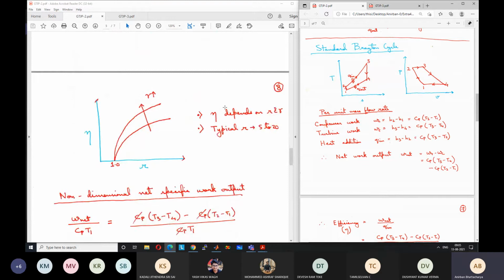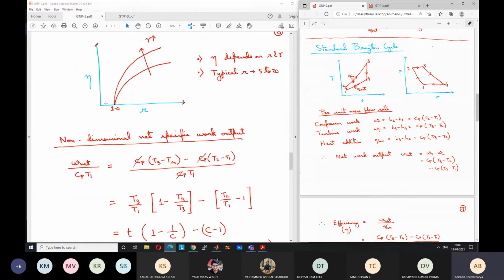Then we had also seen how this efficiency varies with R. It is zero when there is no compression, so compression ratio is 1, and then it increases gradually with increasing compression ratio.